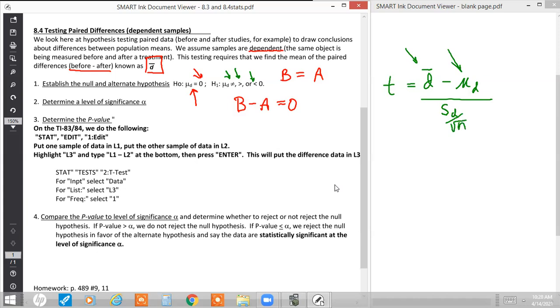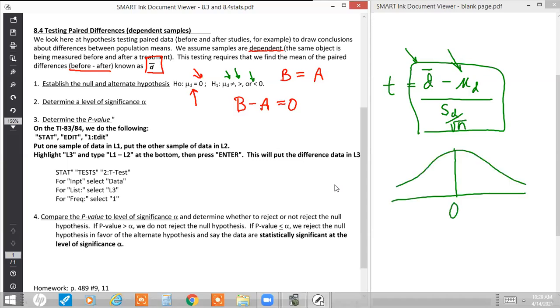Your calculator is going to do this for you. That's going to give us our p-value. And again, let's assume here we're looking at a t-distribution, but the mean is still 0. So you have some kind of a t-observed, let's say it's up here. It's going to calculate this area in the tail, which we will then compare to the alpha value to make our decision, right? That same pattern just keeps popping up.